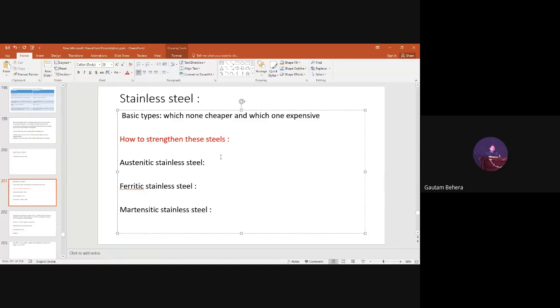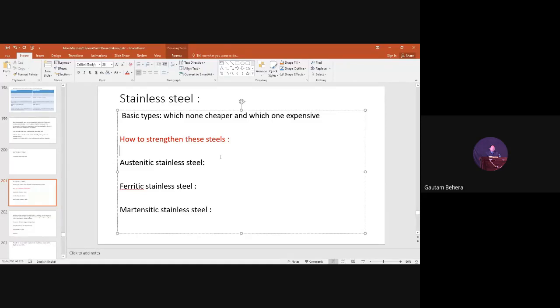Since we are talking about ferritic, martensitic, austenitic, precipitation hardenable stainless steels, you can understand that the basis of the classification is their microstructure, right? What kind of microstructure is there in that particular steel? Otherwise you can say, what is the matrix microstructure, that decides which kind of steel it is.